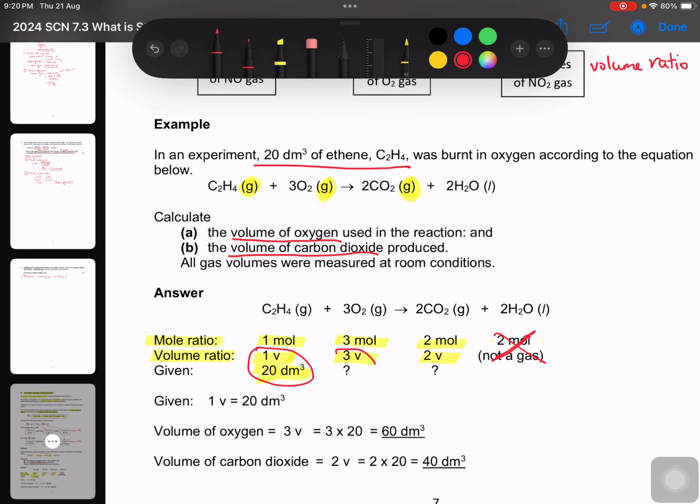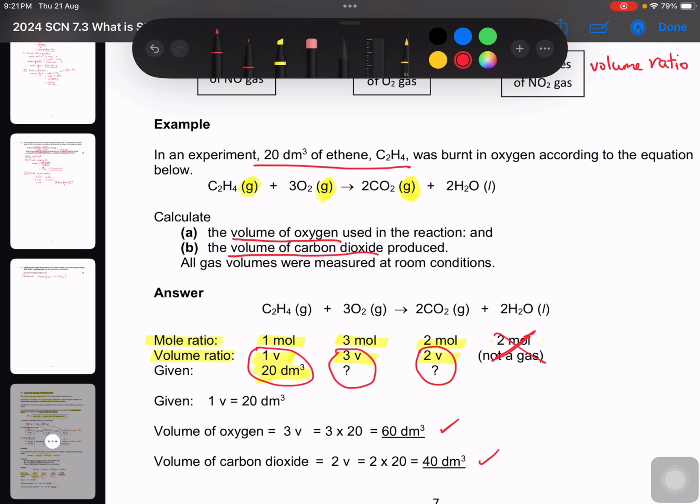Oxygen will be 3V. Since 1V is 20, 3V will be 3 times 20, and already we get the answer, 60 dm cube. And how much is carbon dioxide? 2V, which will be 2 times 20, which is 40 dm cube. Simple, very easy. No need to go through MRU, no need to look at the periodic table to find Ar or Mr. Just simple mole ratio equals volume ratio.